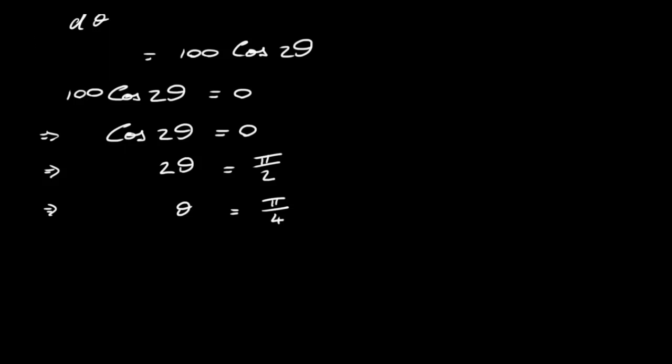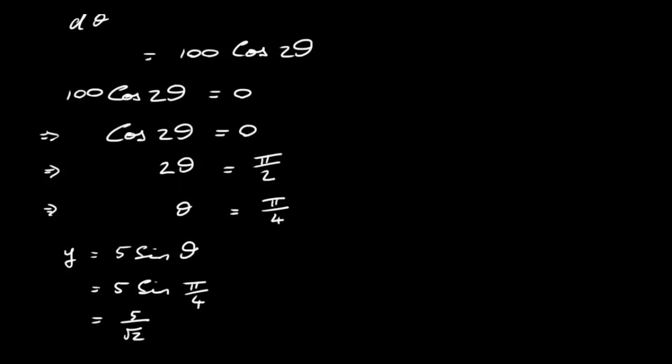Okay, so we know that y is equal to 5 sin theta. So that gives us 5 sine pi over 4. That gives us 5 times 1 over root 2. The sine of pi over 4 is 1 over root 2, so we just end up with 5 over root 2.